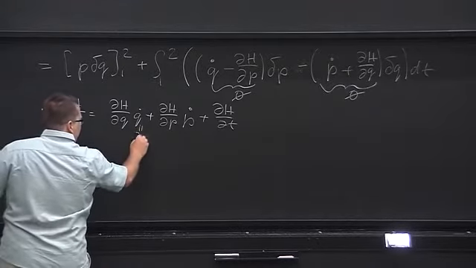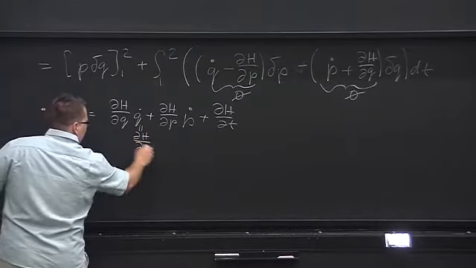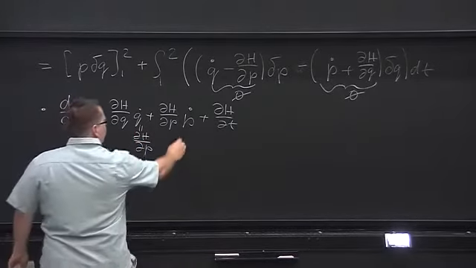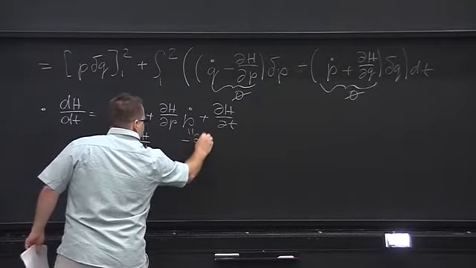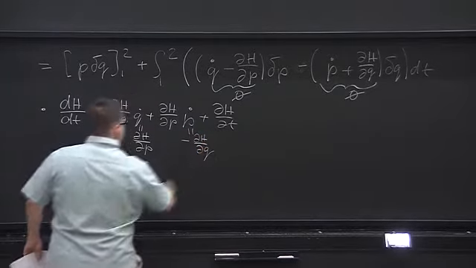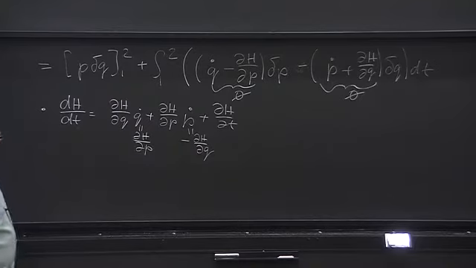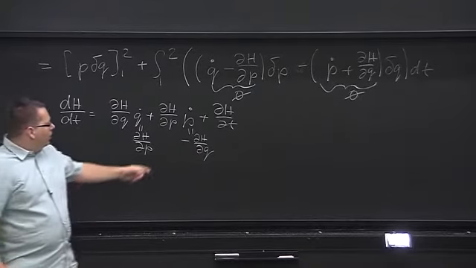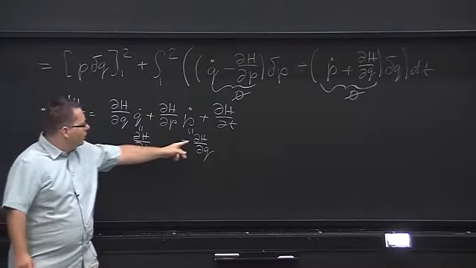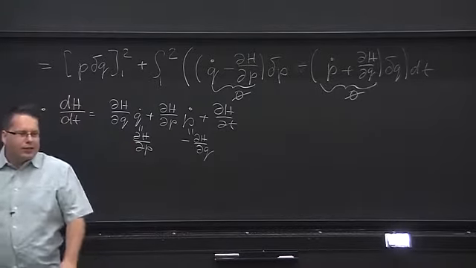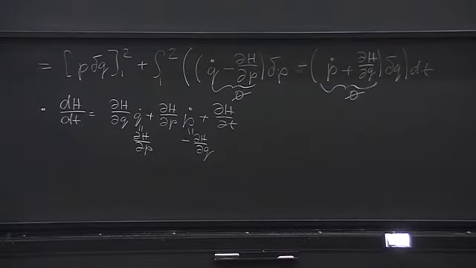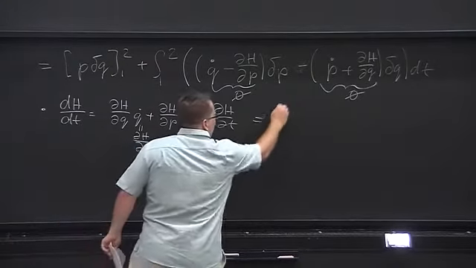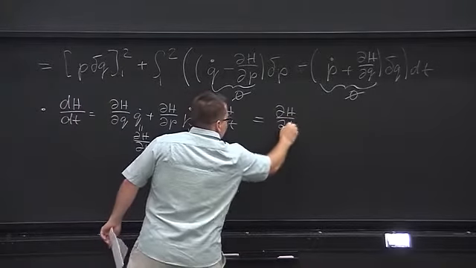So this is dH over dp. And for p dot it is minus dH over dq. So now if you look at these terms, it's dH over dq, dH over dp, minus dH over dp, dH over dq, and they are exactly the same, so they cancel. So the first two terms cancel, and this is simply given by dH over dt.